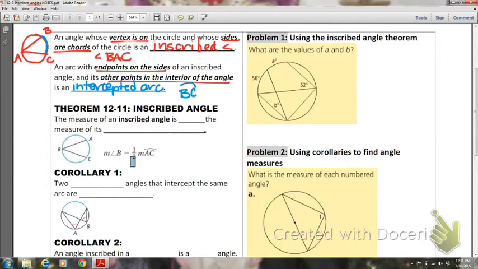So the next, our first theorem in this lesson, is about inscribed angles. It says the measure of an inscribed angle is going to be half of the measure of its intercepted arc.